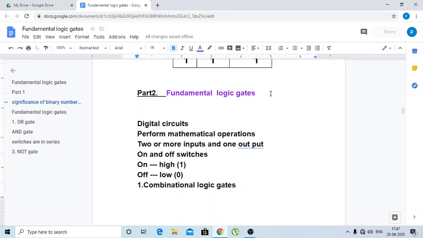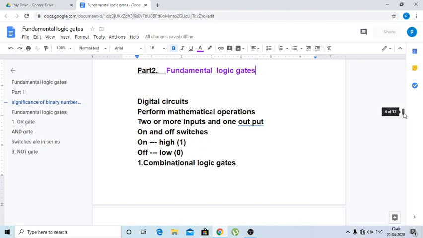I also gave some examples: computers, TVs, calculators, mobiles, digital watches, etc. These digital circuits are used to perform logical operations like multiplication, addition, subtraction, etc. So these circuits perform mathematical operations also. That is the reason why they are called logic gates. Now, these logic gates are digital circuits that have two or more inputs.